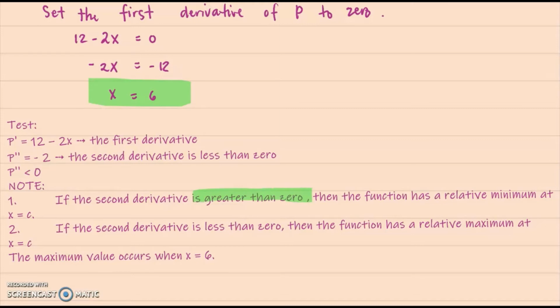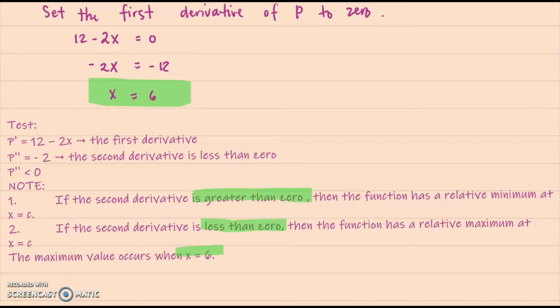If the second derivative is less than 0, then the function has a relative maximum at x equals c. Since our second derivative is less than 0, our function has a relative maximum, so the maximum value occurs when x is equal to 6.